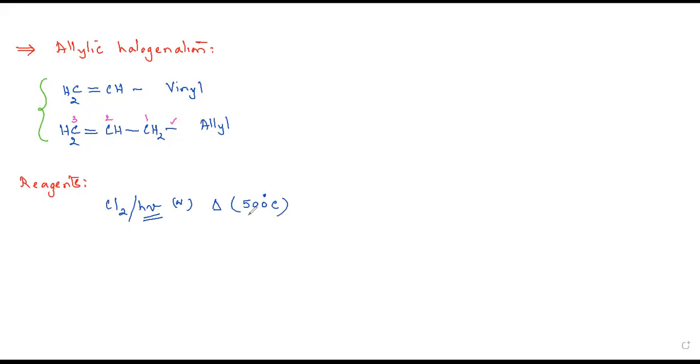So chlorine in the presence of sunlight or chlorine heating. Okay, so that is reagent 1. You can also go for sulfuryl chloride with sunlight or UV light or heating.